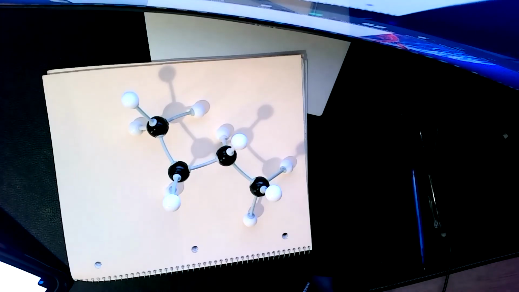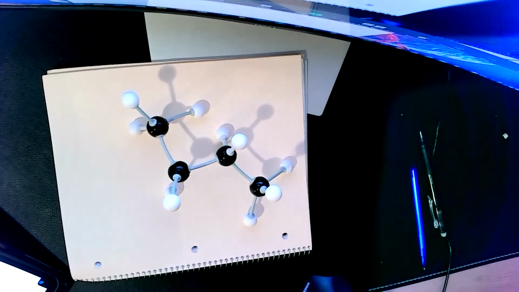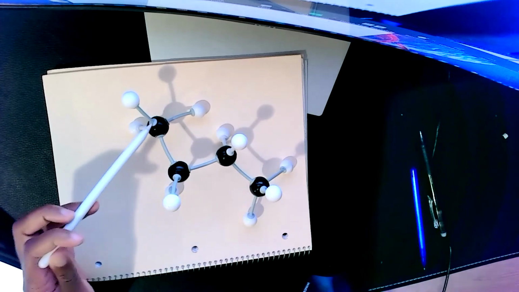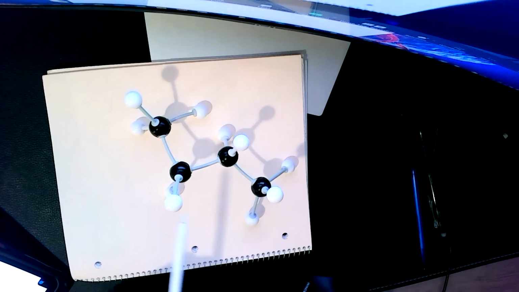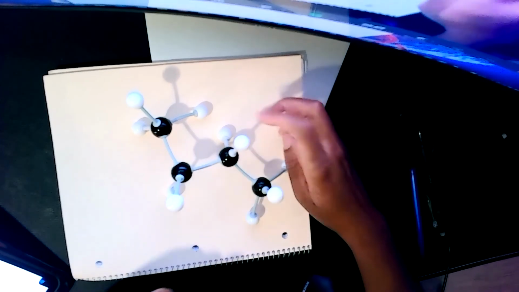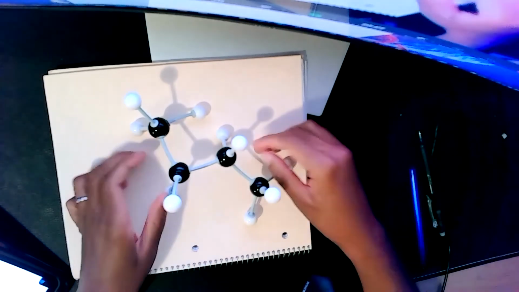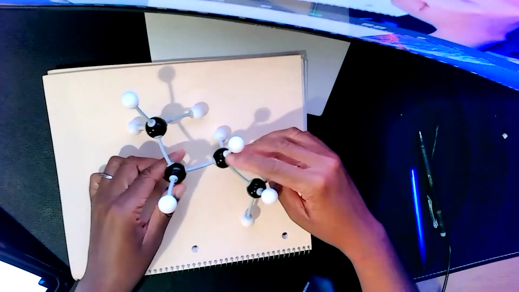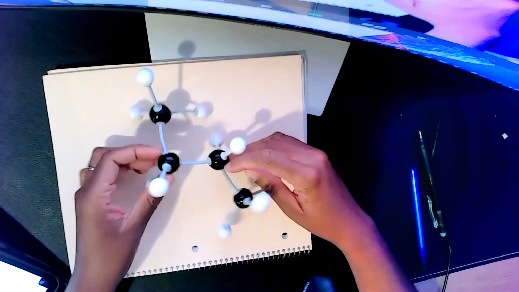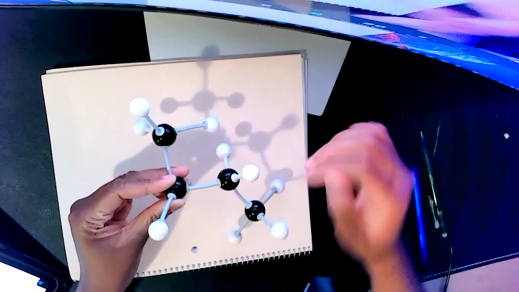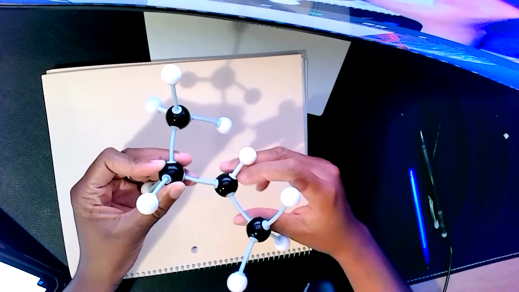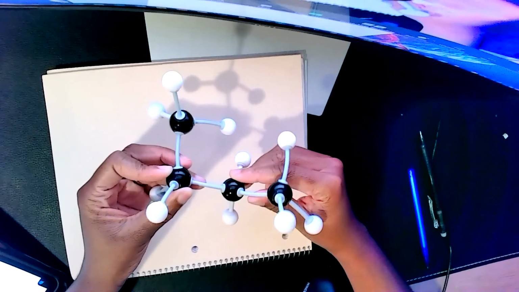Here is the exact molecule that I showed you a few seconds ago. We have 1, 2, 3, and 4 carbon, and this will be our fourth carbon, and that one will be our back carbon, so that we can draw the Newman projection. And we will rotate this bond here. So you see how I'm doing some rotation, all right?